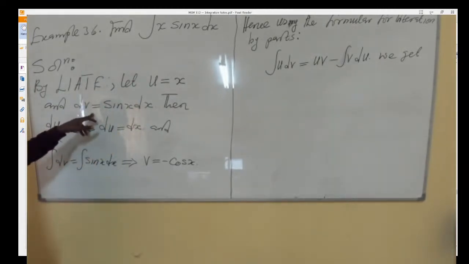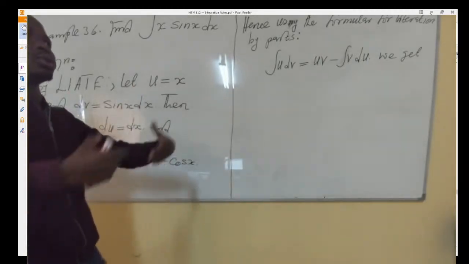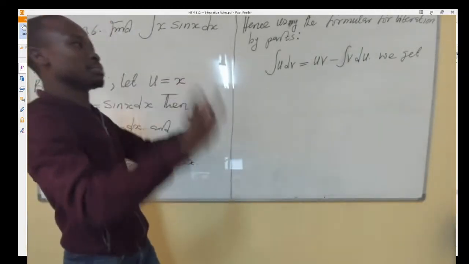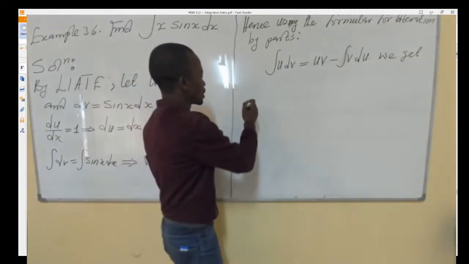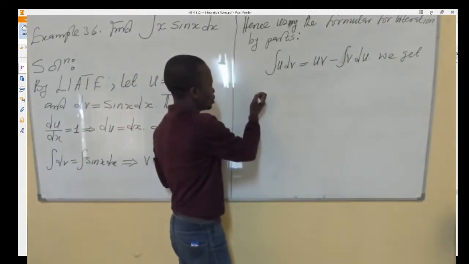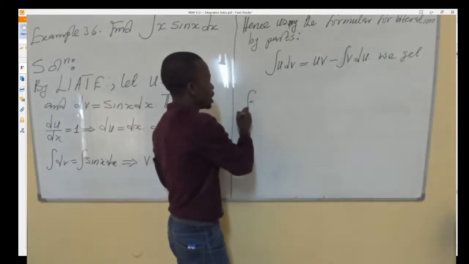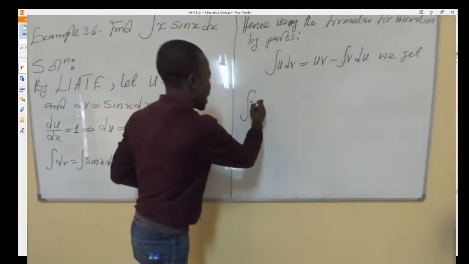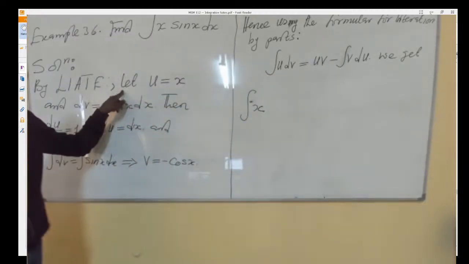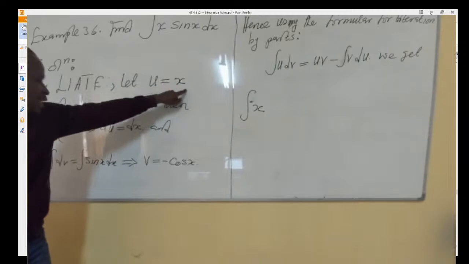So now you start substituting everything into this formula. What is u? U is equal to x. That's what we said when we started. Your u was equal to x.